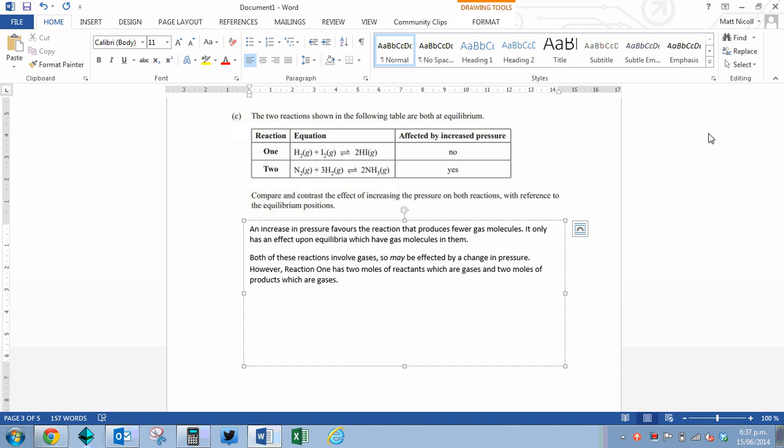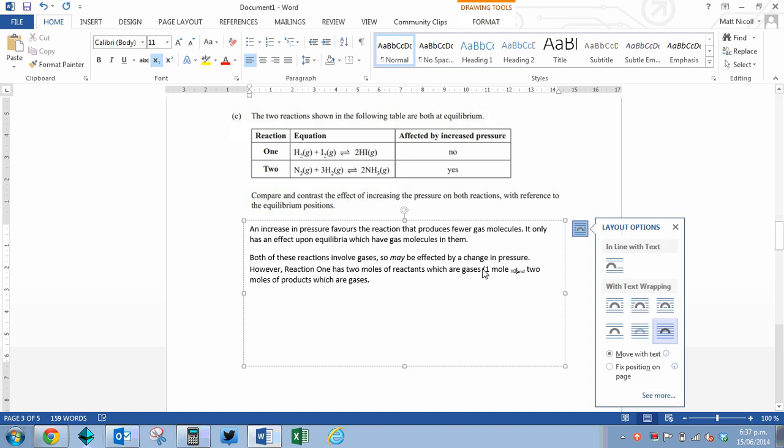Now, I know you can do this if you're handwriting, but I'm also going to put in there what they were. 1 mole H2. Sorry, a bit of a formatting issue there, we'll fix that. One mole N2.